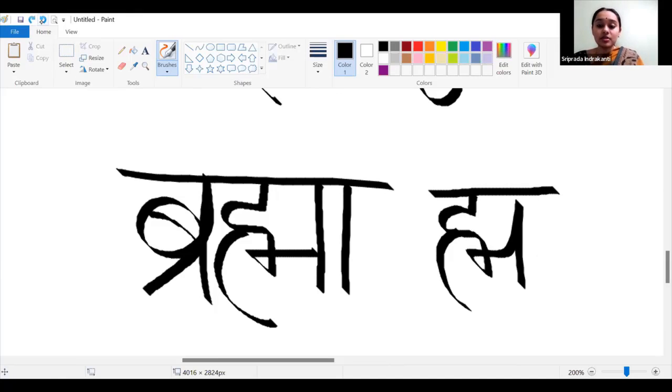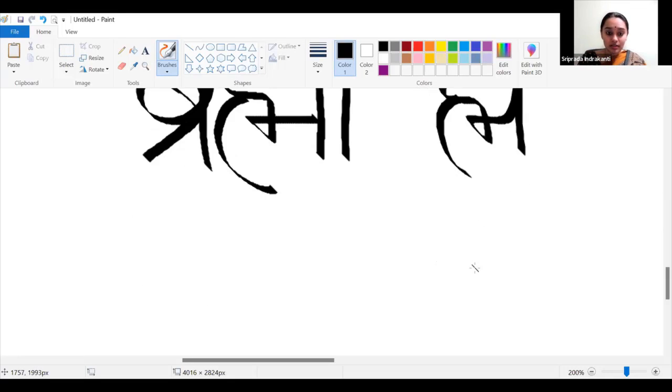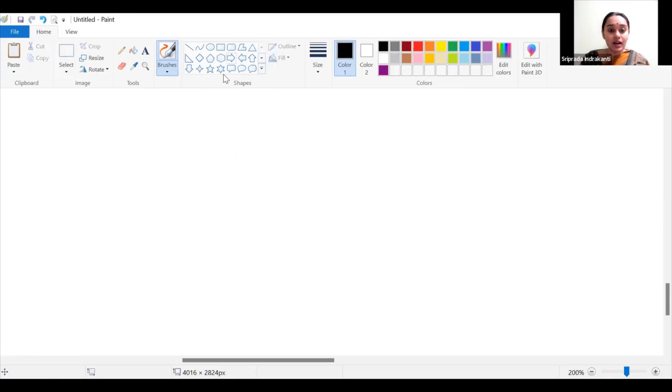And if you keep it as it is without halantam or a vertical line, it is hma, which is only 1 snap. Hma, hma, hma, ma. That is the count. That's important because I am looking at your answers in the assignments and most of you get everything right, but some places the pronunciation, the dirgha and hrasva differentiation was difficult. I thought I should tell that one more time.